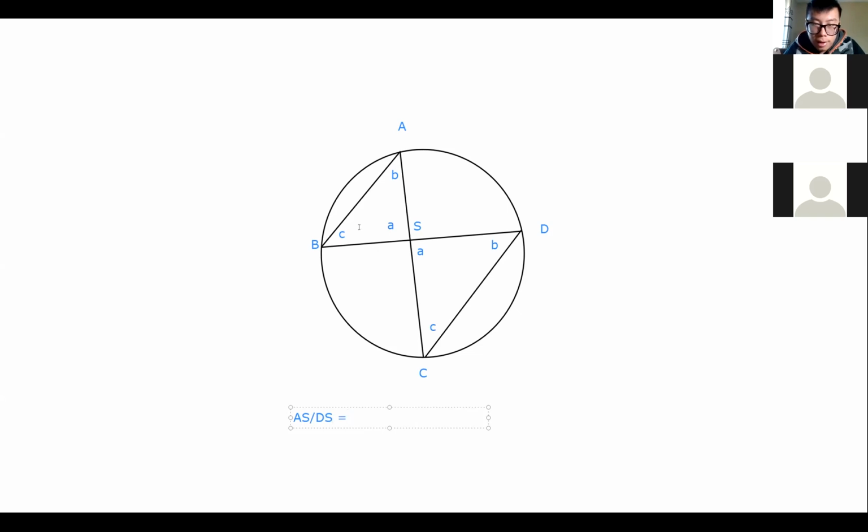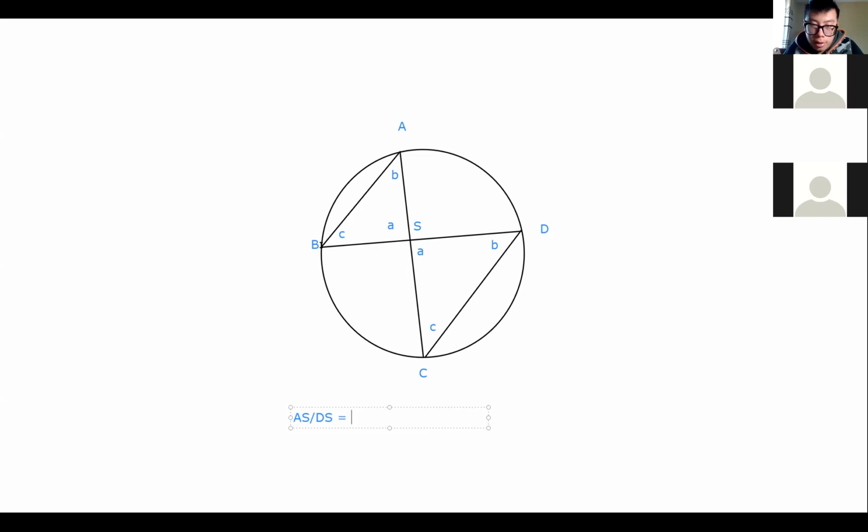So AS corresponds to DS because they both have angles A and B with each other. So we can compare these two side lengths, compare the ratio, AS divided by DS.